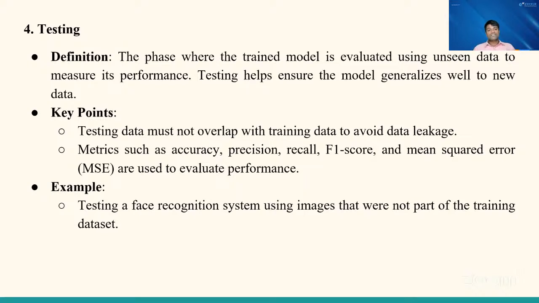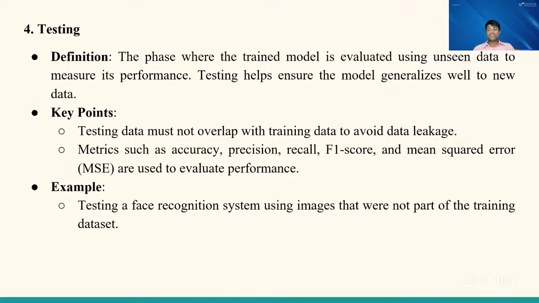Next are some very important key points, such as the metrics we use. I'll also explain the metrics when we talk about the algorithms, because it's very important that you understand them. There are different metrics like accuracy, precision, recall, F1 score.